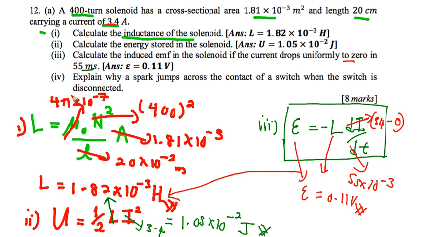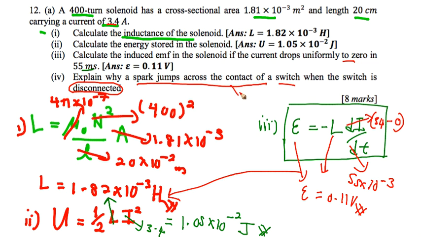And number 4, explain why a spark jumps across the contact of the switch when the switch is disconnected. When the switch is disconnected, no current should flow in the circuit, but a spark jumps across the contact of the switch.